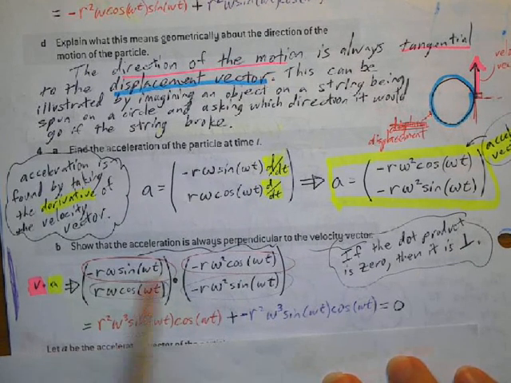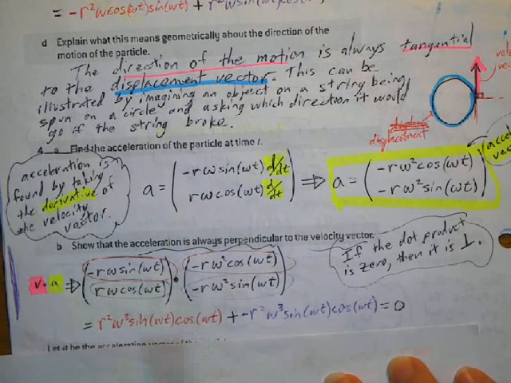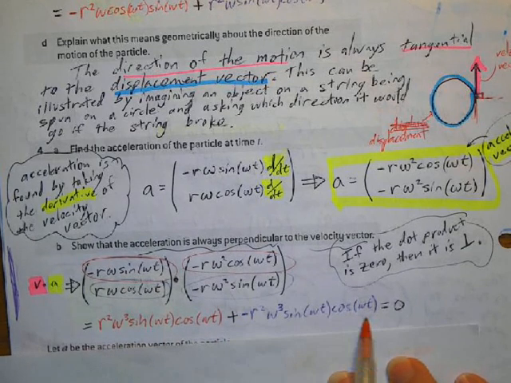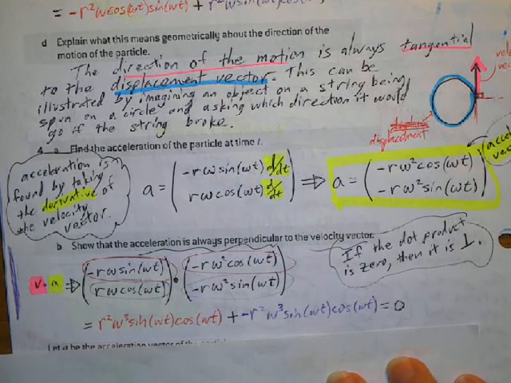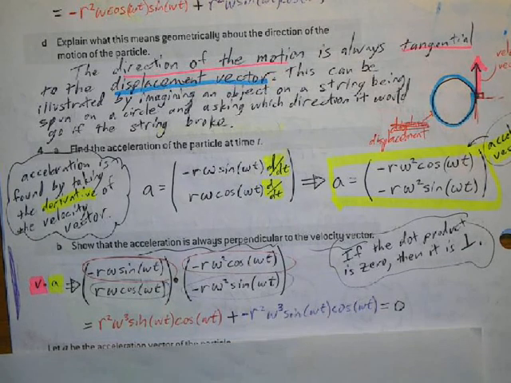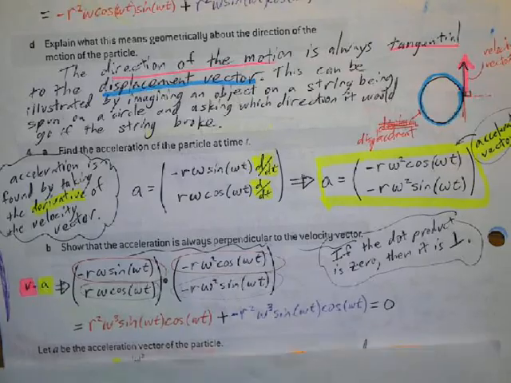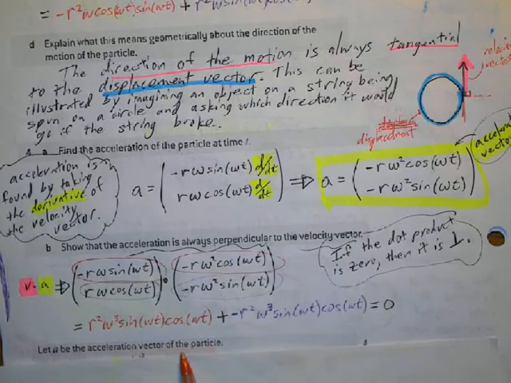This part times this part gives me this, plus this part times this lower part gives me this. Notice this is the same, except we've got a negative. Add them together, bam, we get 0. Hit pause or rewind if you need to hear this again. Okay, next part. Let A be the acceleration vector of the particle.